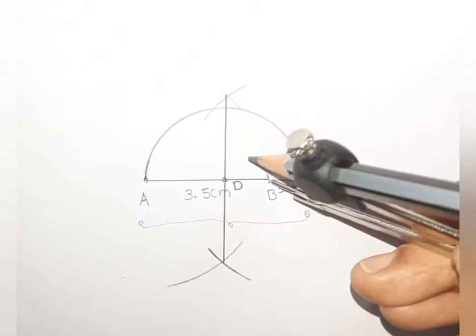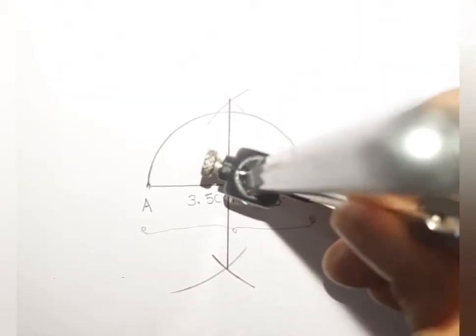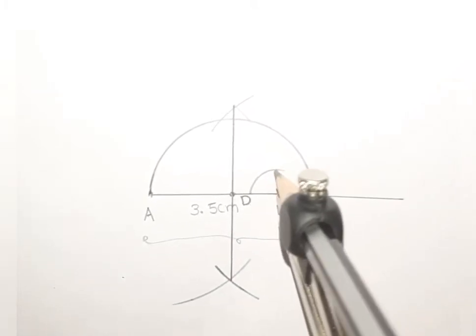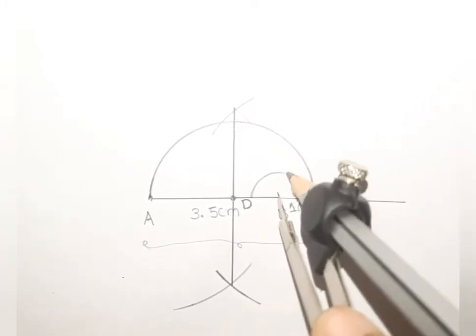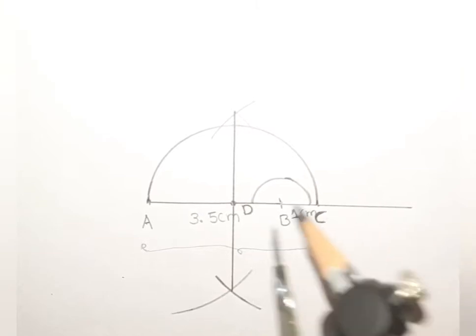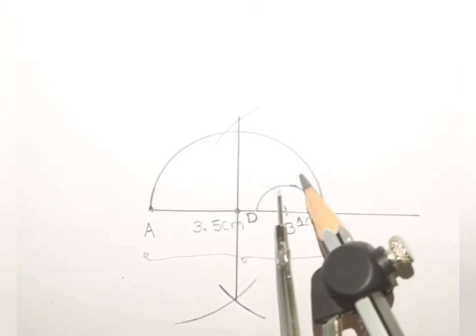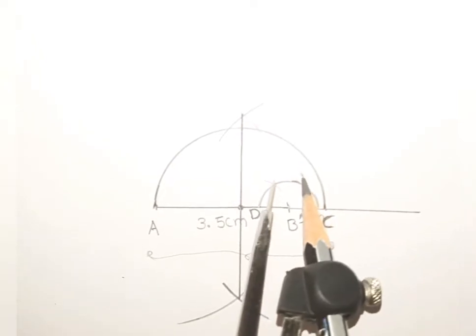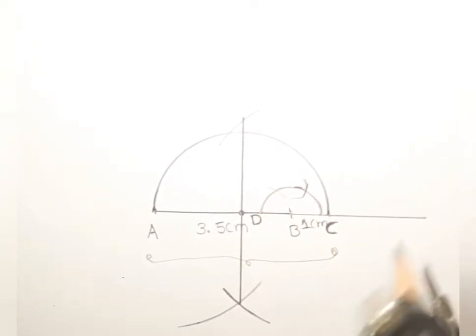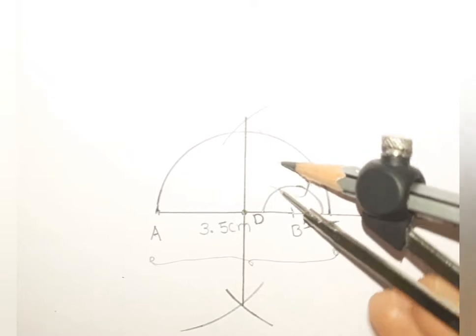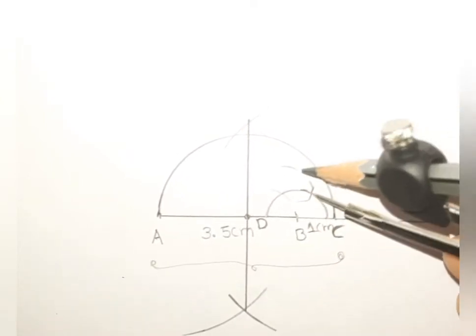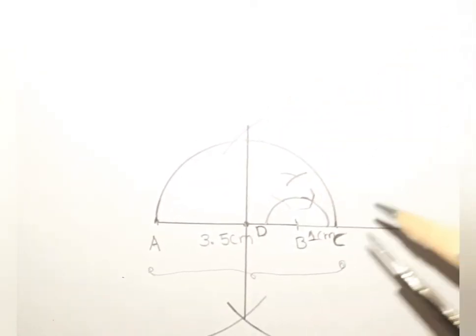Keeping the pointer at B and taking some distance, we draw a semicircle at this B point. Wherever the semicircle is meeting, from that point one arc, and from the second point one more arc, to draw two intersecting arcs.